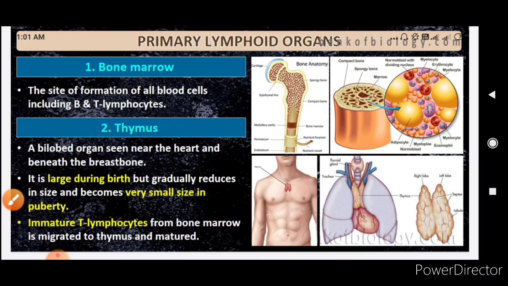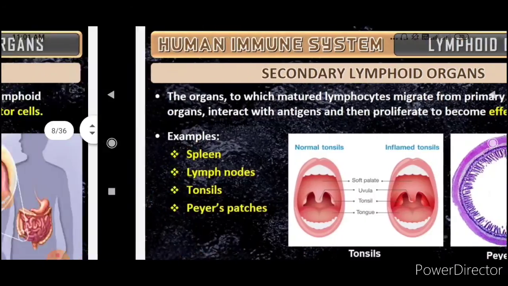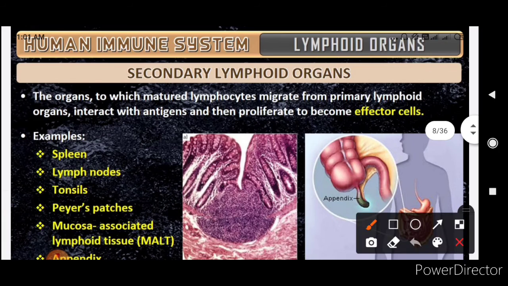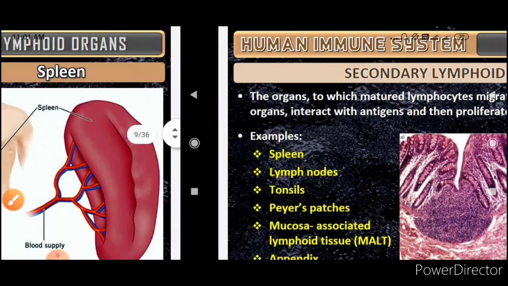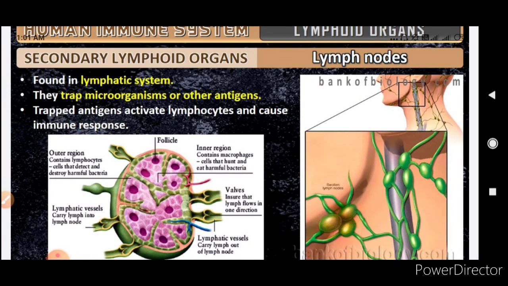Then come the secondary lymphoid organs. Secondary lymphoid organs are spleen, lymph nodes, tonsils, Peyer's patches, mucosa associated tissue and appendix. Spleen is a bean shaped structure containing lymphocytes and phagocytes, removes worn out RBC and microorganisms from the blood, and it is a reservoir of erythrocytes in the fetus.